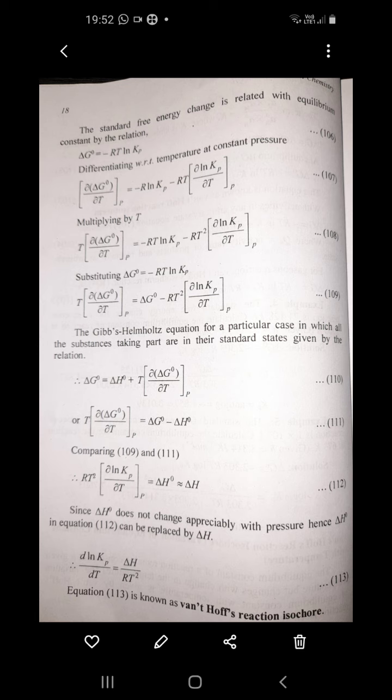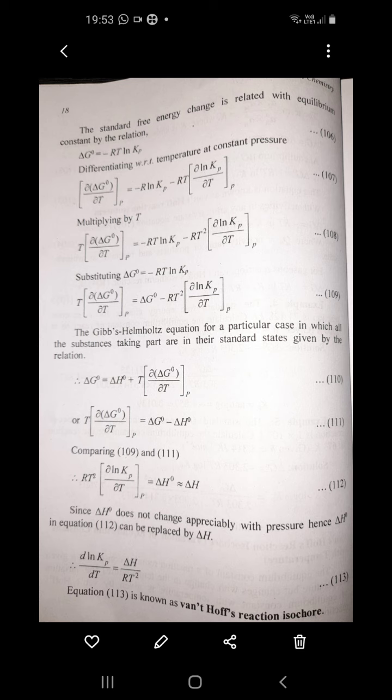So d delta G0 upon dT at constant pressure is equal to minus R ln Kp minus RT in bracket d ln Kp upon dT at constant pressure. This is equation number 107. That means you have to differentiate both the right hand side as well as the left hand side with temperature at constant pressure. So equation 106 converts into 107.